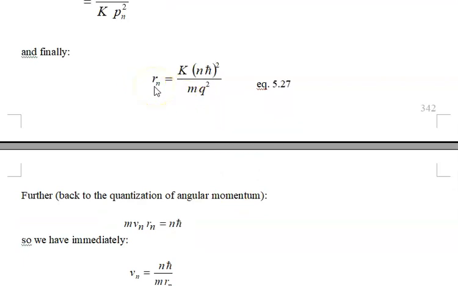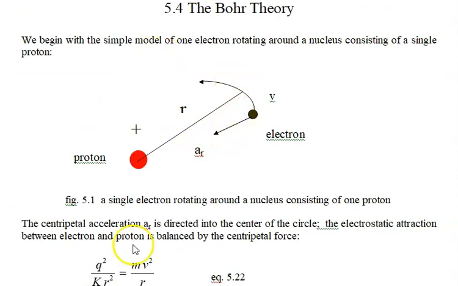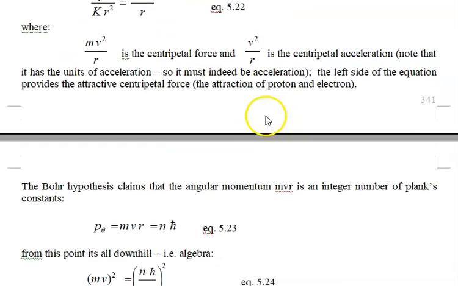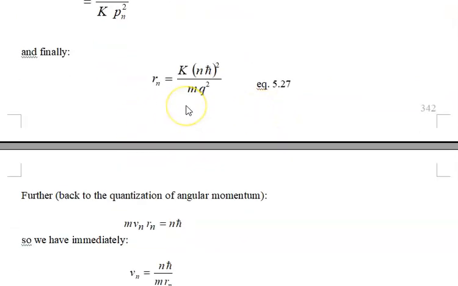The radius, or the radii, are also quantized. We can't have any radius for this thing going around. You can't have a radius here, here, here, out to infinity. We have to have quantized jumps. So the radius is quantized as well as the angular momentum.